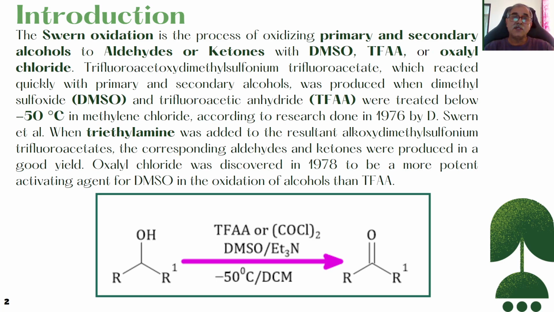And the advantage of Swern oxidation is that this is not affected by the steric hindrance of different groups present on the substrate molecule, and we can get selective products after the oxidation process.